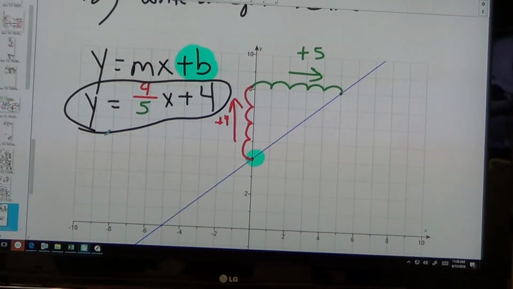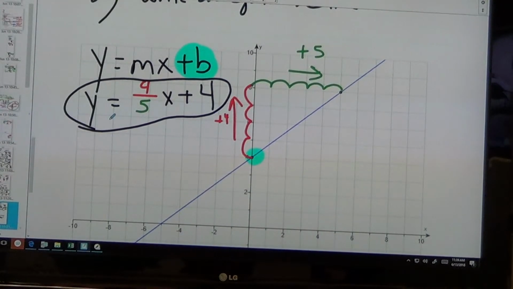Oh, I counted the wrong direction. You're leaving from the intercept and going to the other house. So you always start at the intercept. Right, and I did do that, but I was counting this way and going up. You've got to rise first.